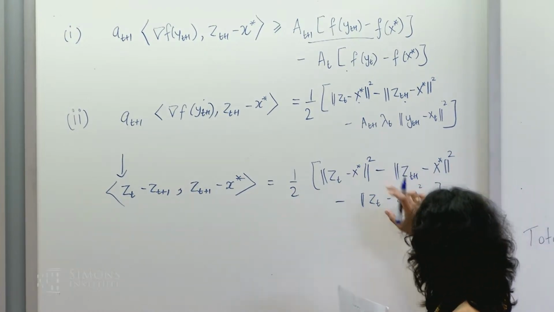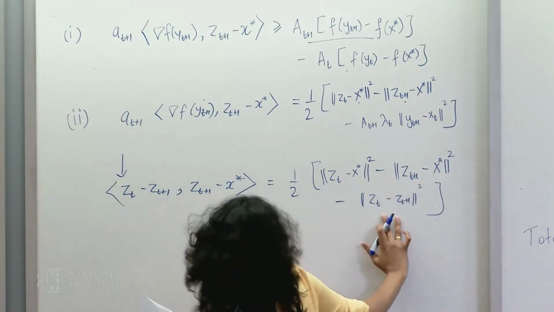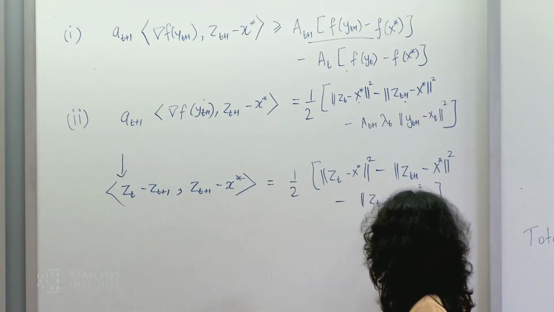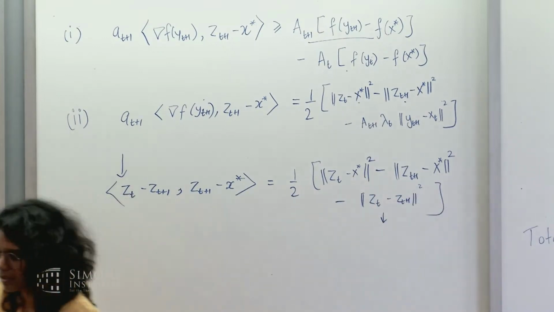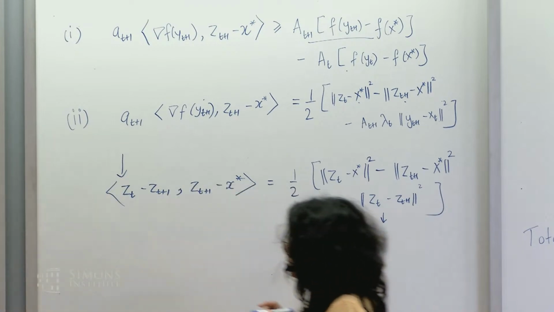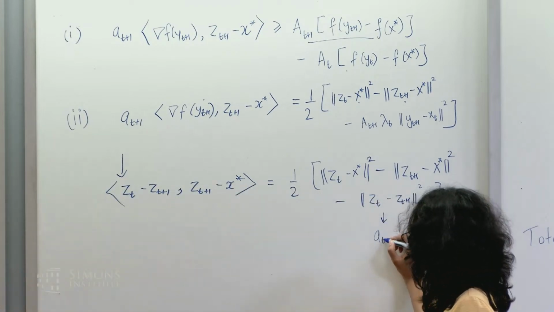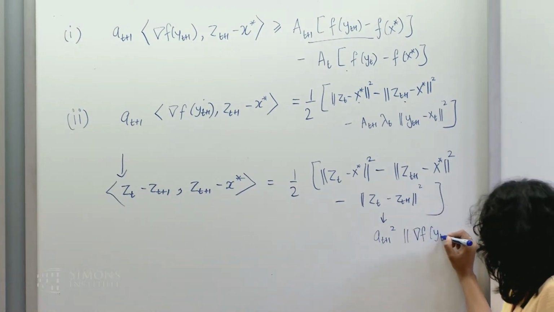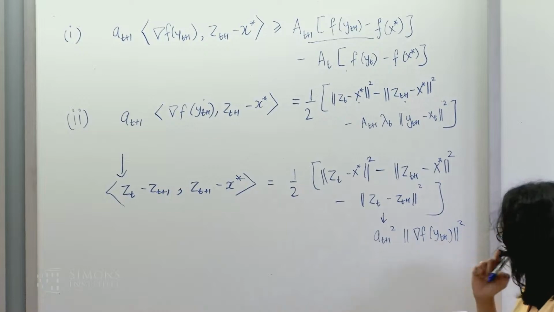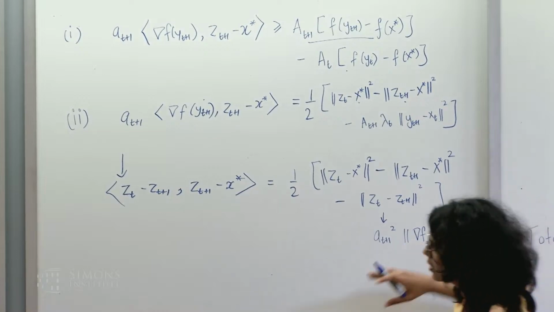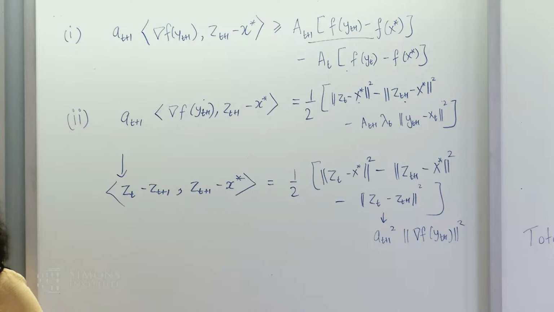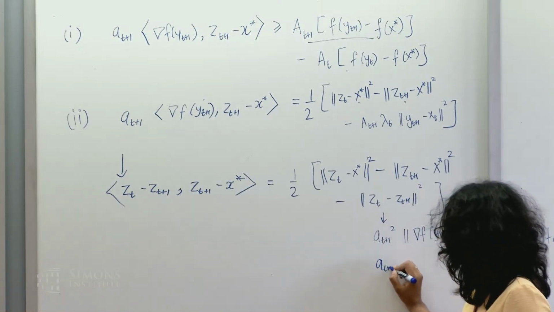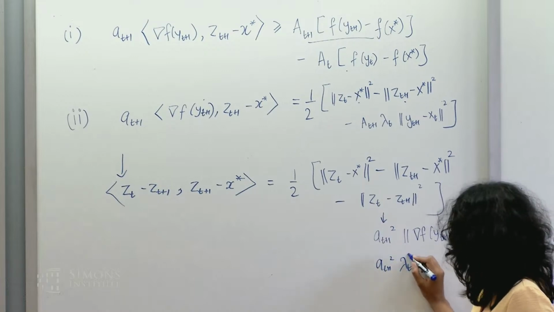And once you have this, then we do two things. We replace z_t minus z_{t+1} first using this lemma. So this just becomes A_{t+1} squared. And then you can use this first point to replace this gradient with, to get lambda_t squared.